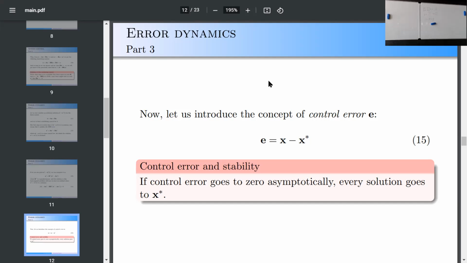When I say stabilizing zero, we'll see what I mean in just one slide. But this introduction of control error is extremely important. By the way, notice that I use x minus x star. You can use a different definition of control error, but it will change your signs, so be careful. Okay, control error introduces x minus x star. And that is basically the measure of how far you are from your solution.